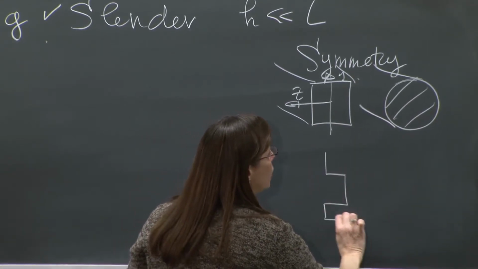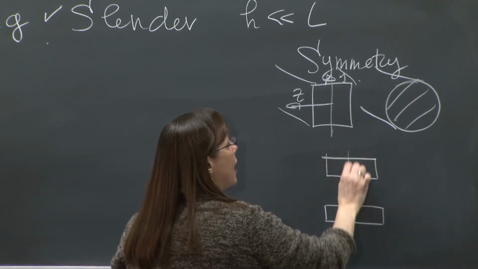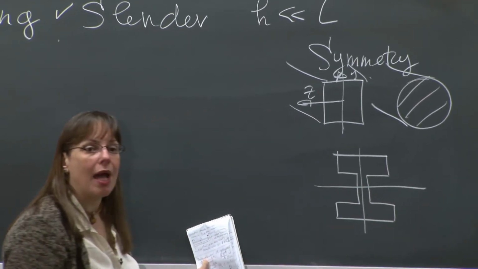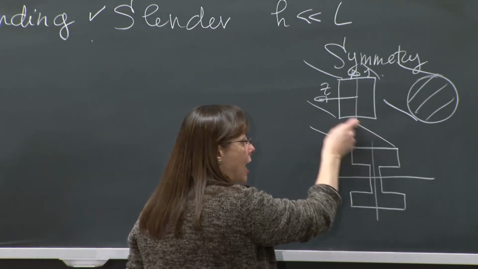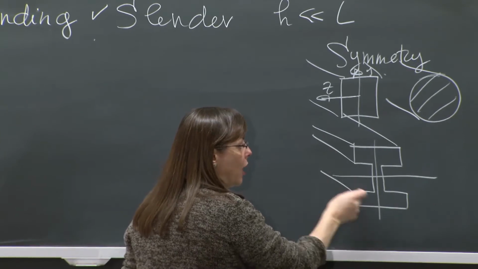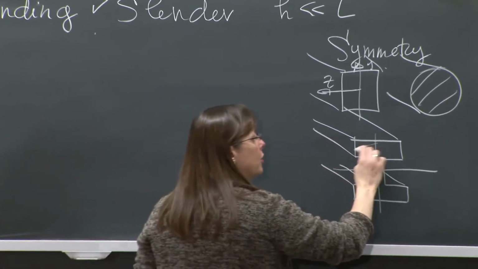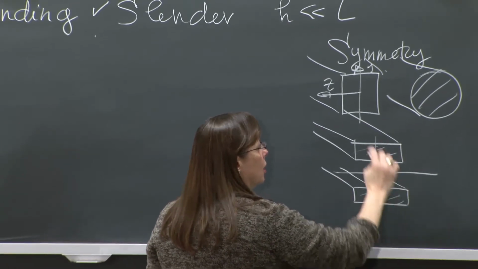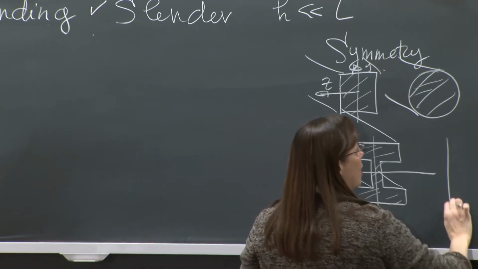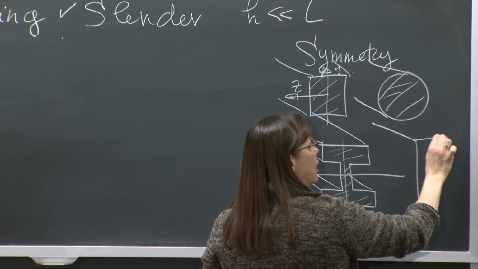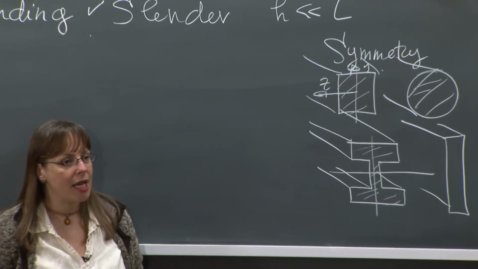I can make them symmetric with more complicated shapes. So this is allowed because it has 2 axes of symmetry. Anything which is symmetric, up, down, and left to right is allowed in 201. This is okay. This is called an I-beam. This is okay. This is a rectangular beam. I can make beams that are thin like that, or flat on the other side.